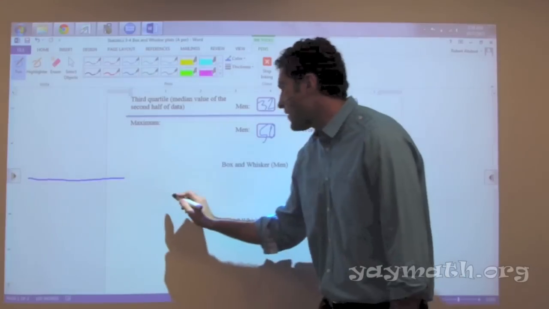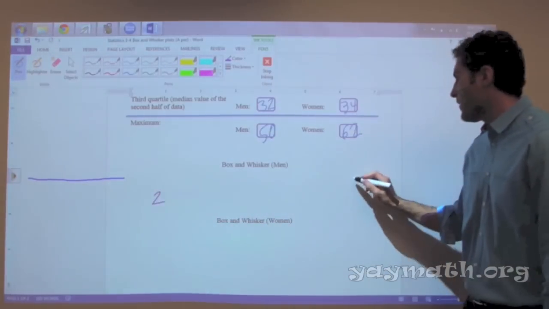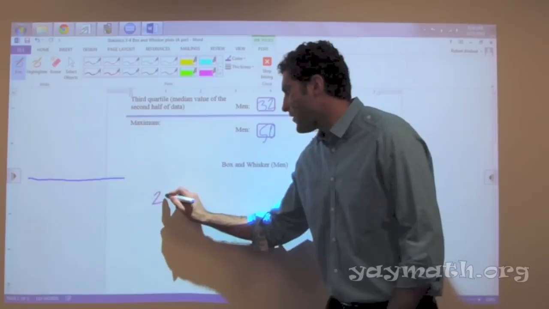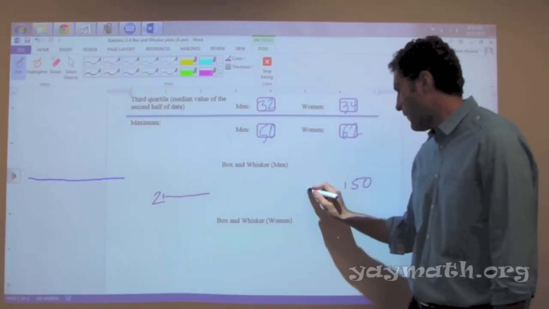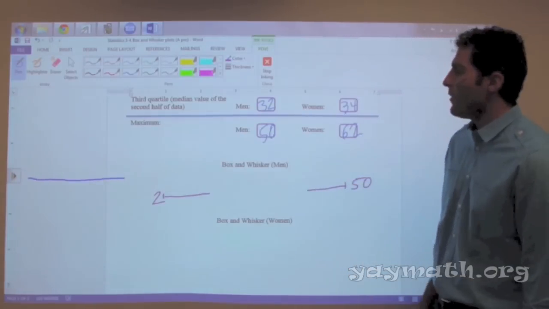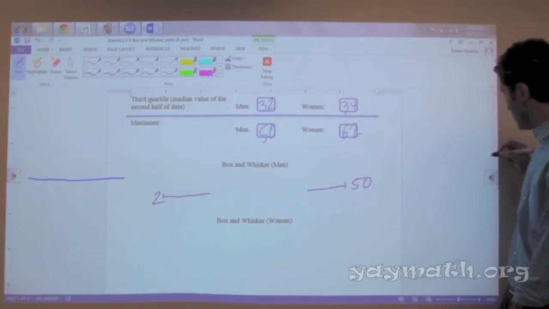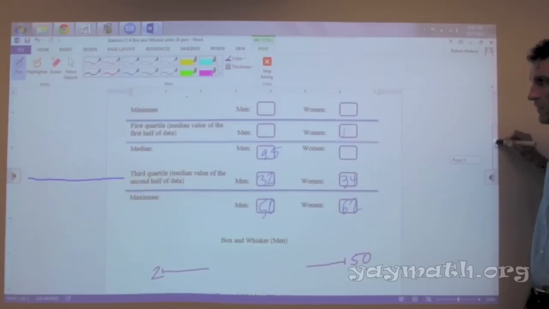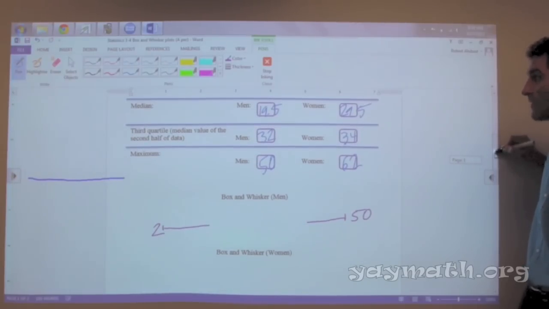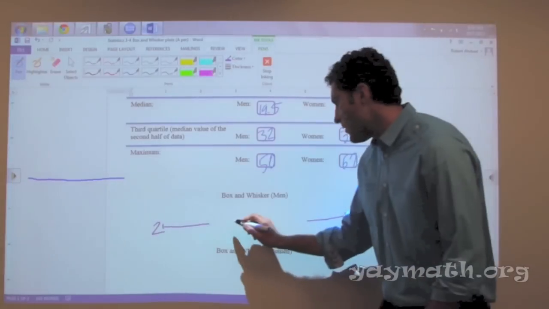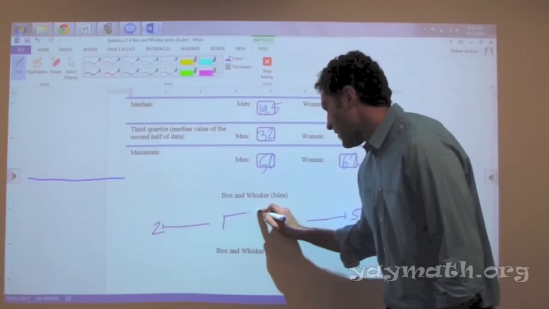So 2 is going to be here, 50 is going to be here, and you have lines coming off them. So now we have a visualization. And what was the median again? 19.5. Closer to 2 or closer to 50? 2. Closer to 2. So I'm going to start to draw the box more or less like this.